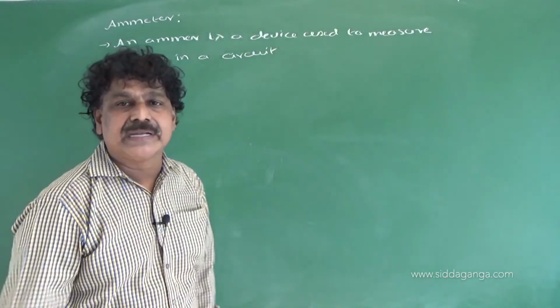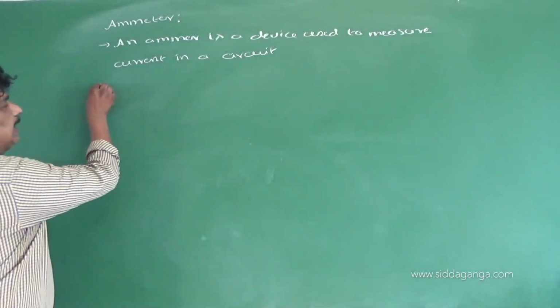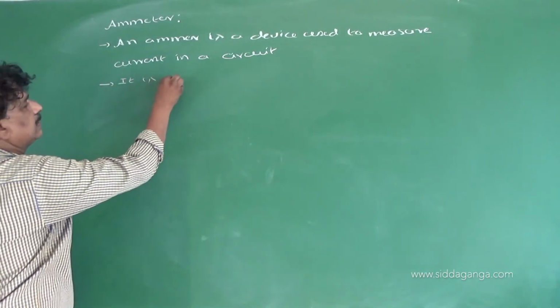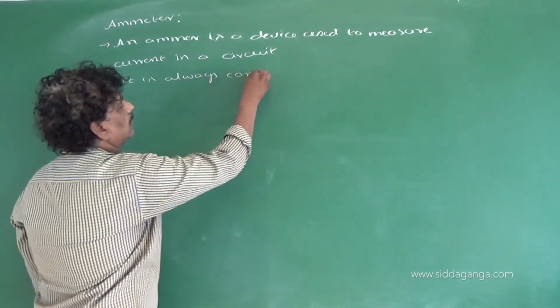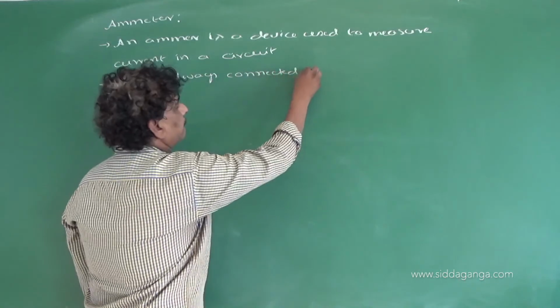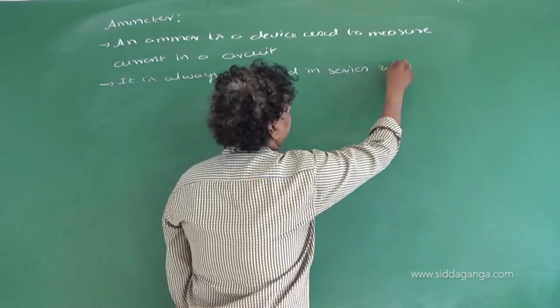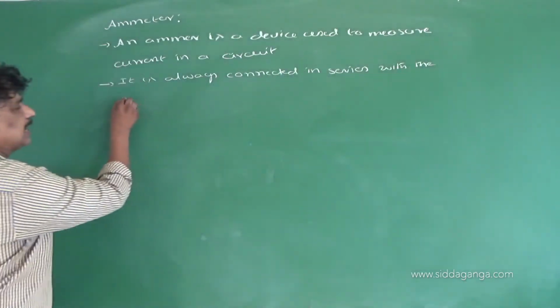An ammeter is a device used to measure current in a circuit, and it is always connected in series with the circuit.